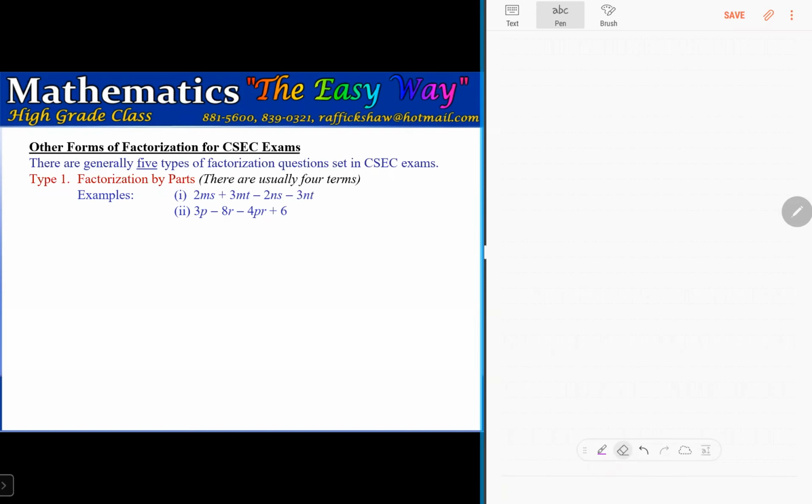So the first example is 2ms plus 3mt minus 2ns minus 3nt. So basically that's what we're factorizing.